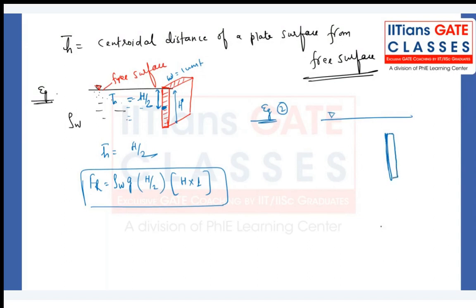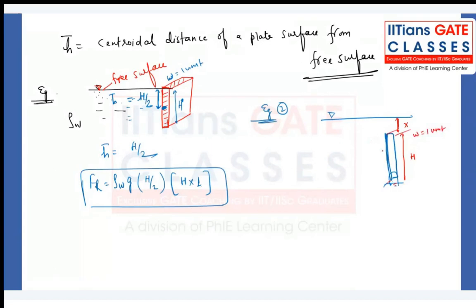For example, there is a plate which is hinged from a bottom, right? And there is some gap from the top surface to the free surface. Same height, same width, I'm assuming as 1 unit, right?